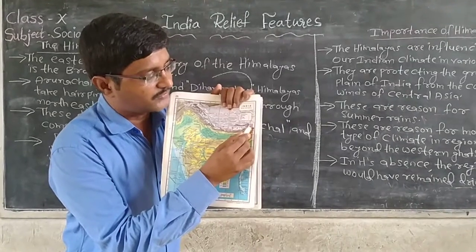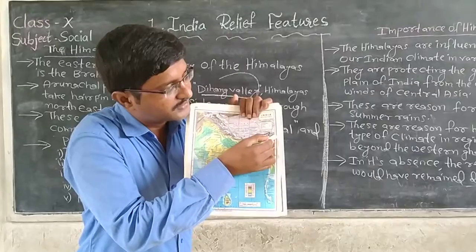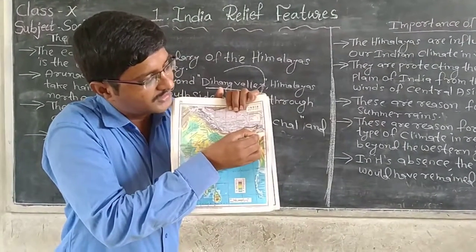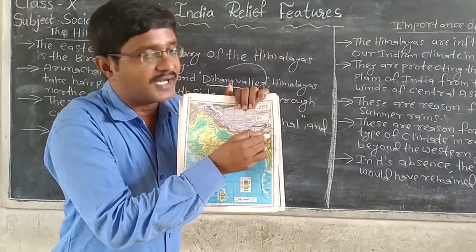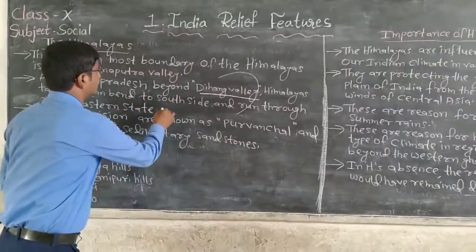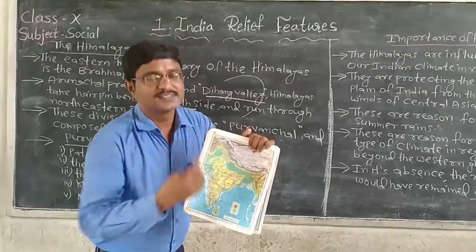Beyond the Dihang Valley, the Himalayan mountains take a hairpin bend. Towards which direction? They take it towards the south side.